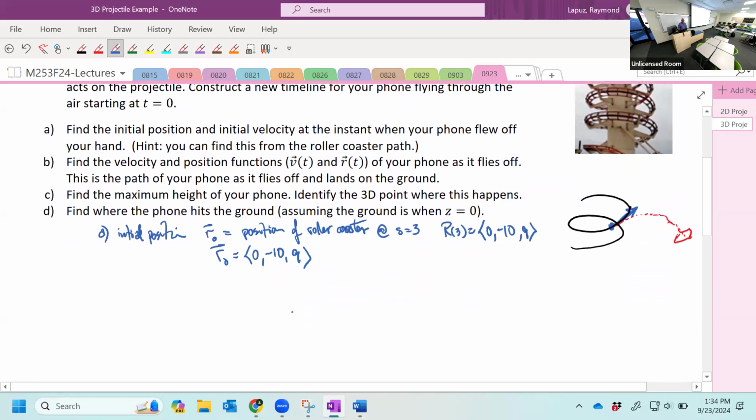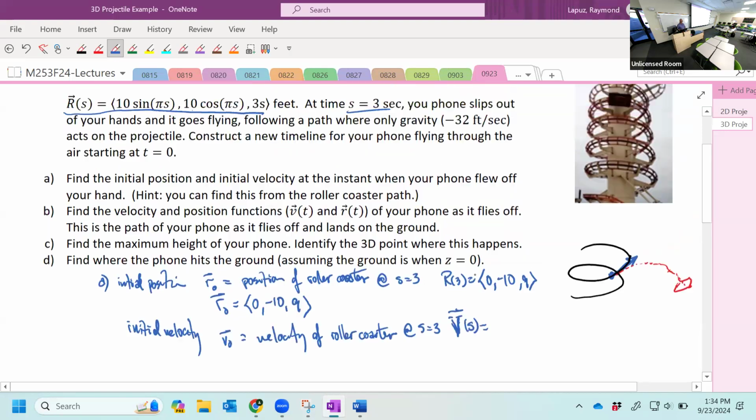And now the velocity. The initial velocity will actually be the velocity of the roller coaster at s equal to 3. So we need to find the velocity. I'm going to write capital V, try to make it capital. So we need the derivative of that.